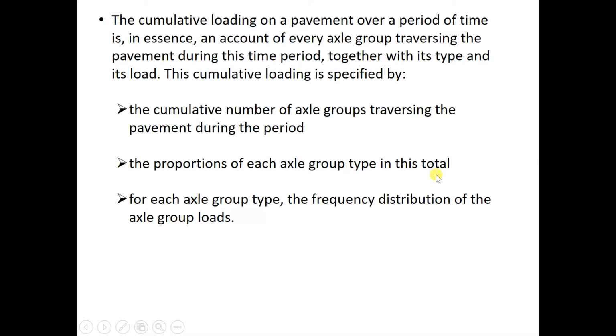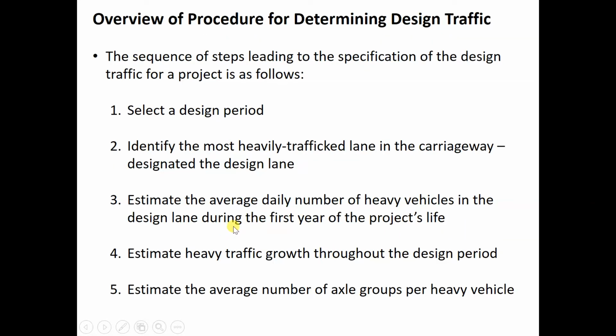Triaxle, you have single tires, you have dual tires. How many percent are these groups? And then you have the quad axle group. How many percent is the proportion for each axle group type? That is the frequency distribution of the axle group types.